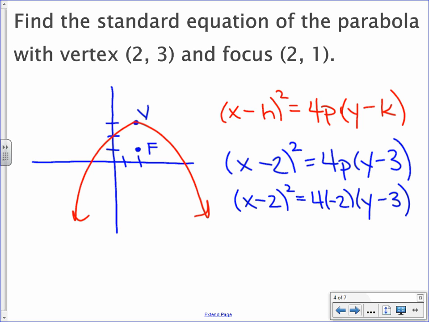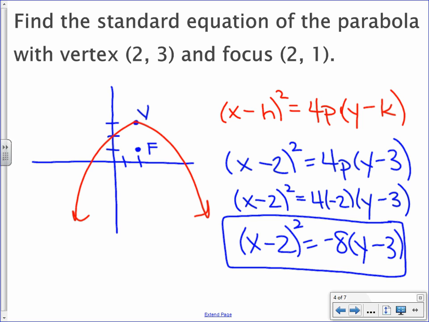Because it's opening down. And why is it 2? Okay, so negative because it's opening down, 2 because the focus is 2 away from the vertex. So we have x minus 2, the quantity squared, equals -8 times y minus 3.